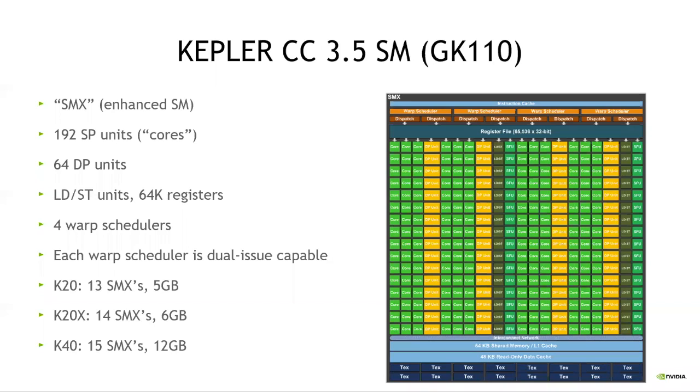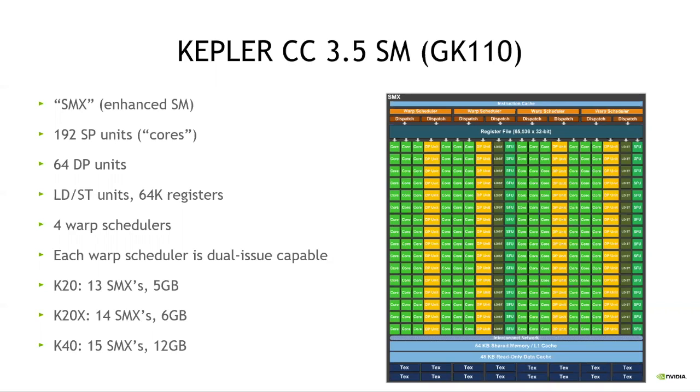So this is a Kepler SM pictorially represented, as well as some statistics or measurements of the SM on the left-hand side. There are what are called 192 SP units or cores. When you look at marketing literature relating to GPUs, especially NVIDIA CUDA-capable GPUs, you will often find the word core used as an aggregate description of the machine.